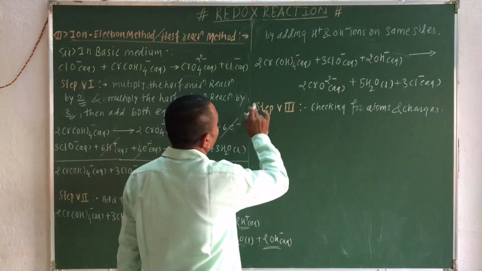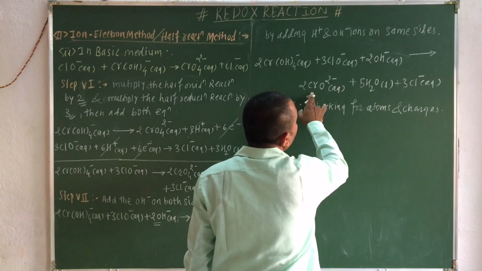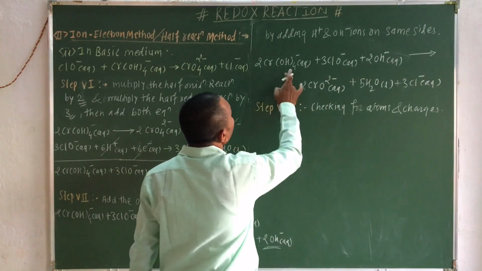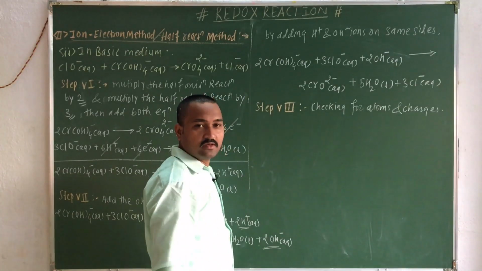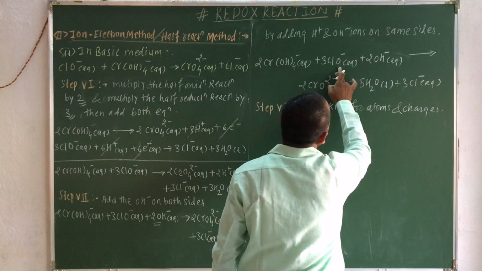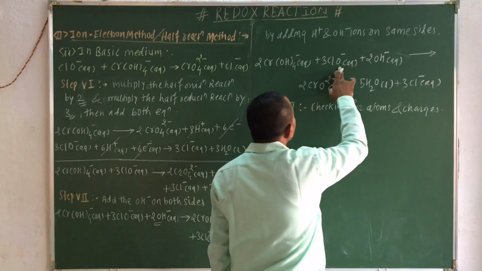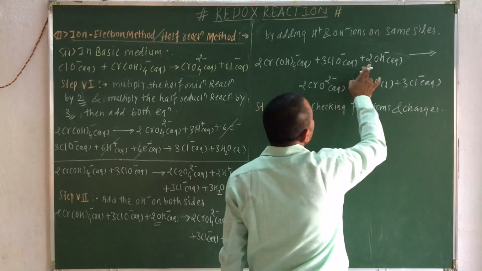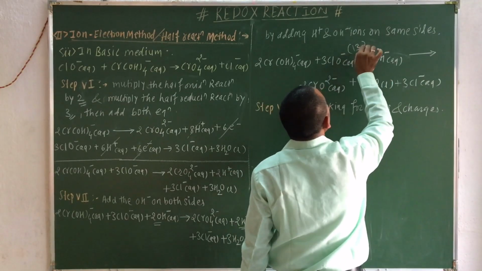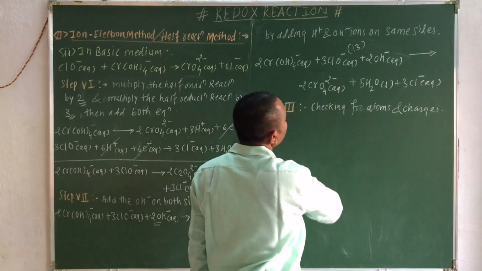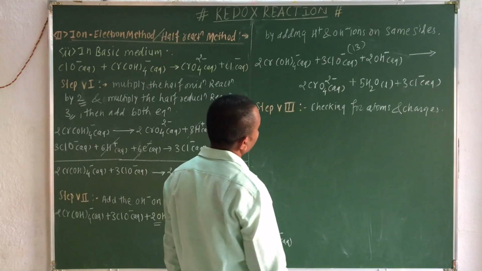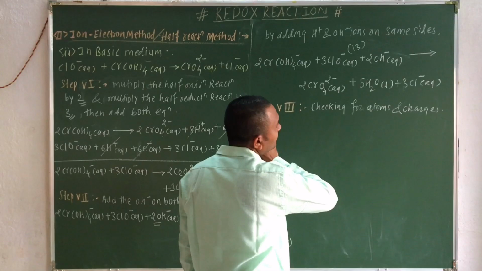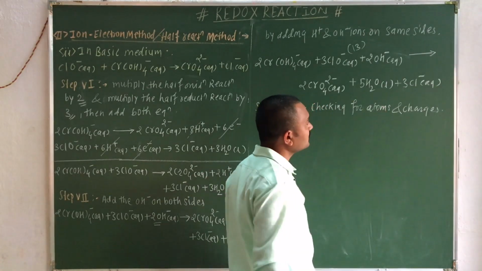Now let us count atoms first of all. 2 chromium here, so chromium is balanced. What about the oxygen atoms? 2 into 4, that will be 8 oxygen atoms, plus 3 oxygen atoms, 8 plus 3 equals 11, and here again 2 oxygen atoms, so that will be equal to 13. So there are 13 oxygen atoms on your left hand side. On the right, CrO4²⁻, 2 into 4 is 8, plus 5, that will be 13.